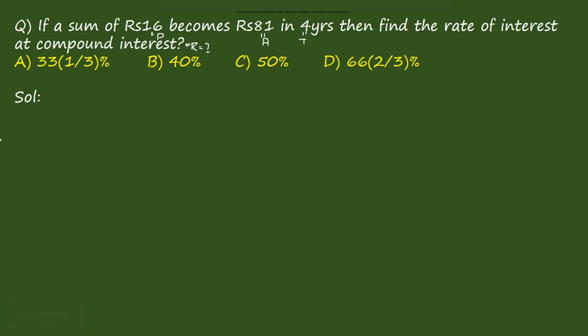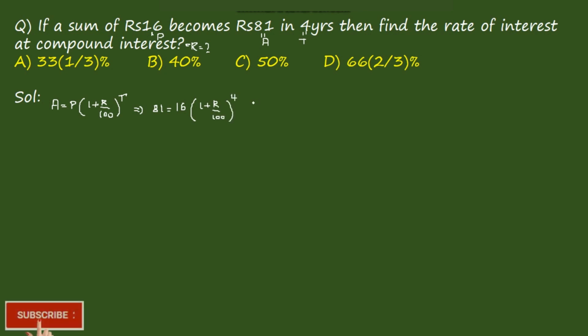In the case of compound interest, we know the formula: amount is equal to principal into 1 plus R by 100 whole power T, right? All the values we know, we have to just find the value of R. So just substitute it. A is given as 81 is equal to principal, which is 16, into 1 plus R by 100 whole power time, which is given as 4. So we have to find the fourth root.